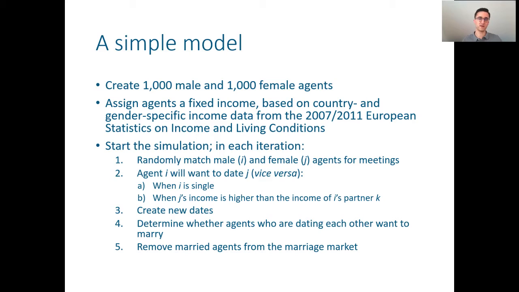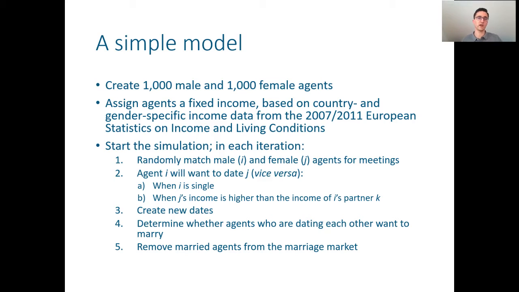During each such meeting, they need to decide whether they want to start dating each other. This is the case if they are currently dating nobody, or when the income of the person they have just met is higher than the income of their current date. When both agents decide that they want to date each other, they actually start dating and leave possible other current dates for this.